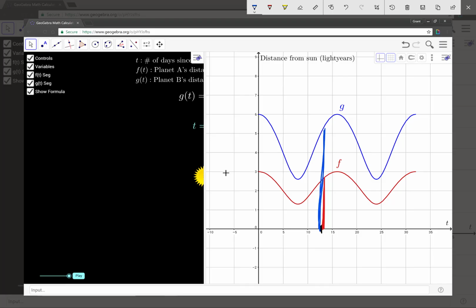And because of this, the point on the graph of g at this value of t is going to be 2 times as far above the horizontal axis as the one for f. So given any value of t, the point on the graph of g at that value of t is going to be 2 times as far away from the horizontal axis as the one for f.